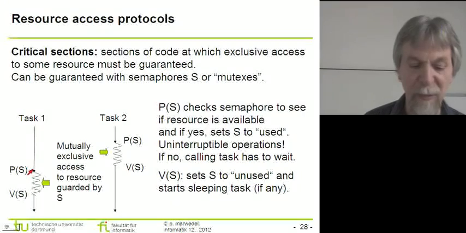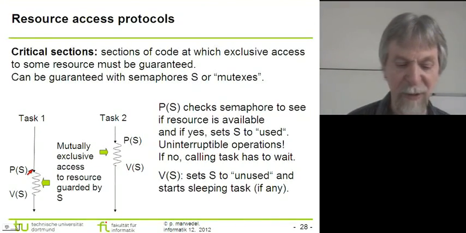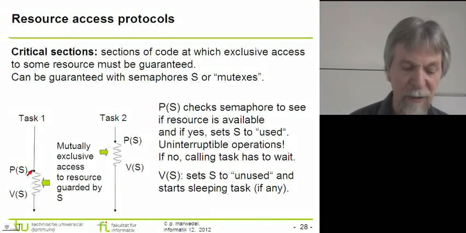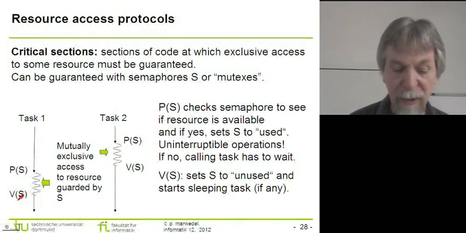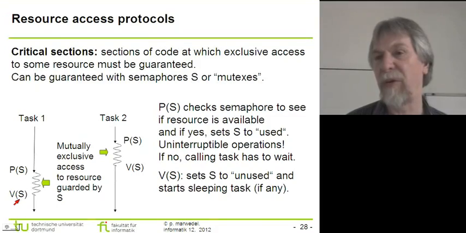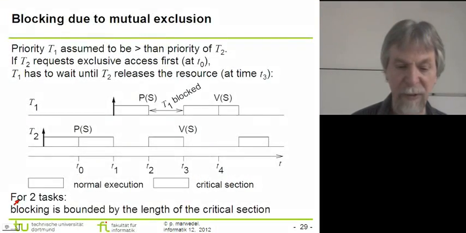And if it becomes available, one of the waiting threads, tasks, or processes is woken up and will continue its execution. And this is the release of the resources. So that is something that we have to use if we are having shared resources.